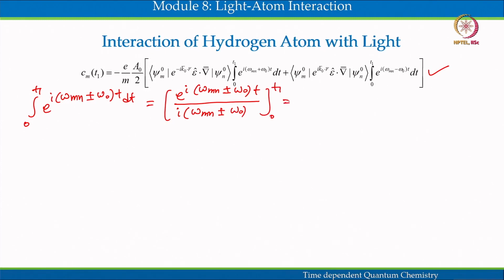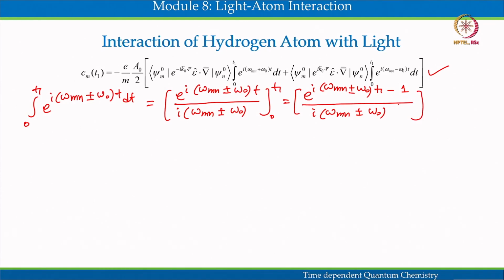So what I get here is e to the power i omega mn plus minus omega naught t1 minus 1, divided by i omega mn plus minus omega naught. This is what we get, because if t equals 0, this part is going to be 1.